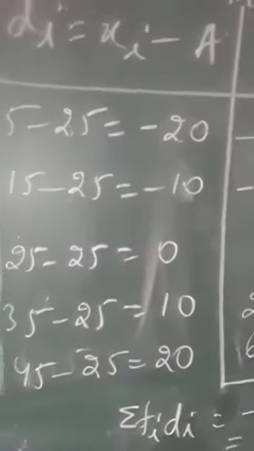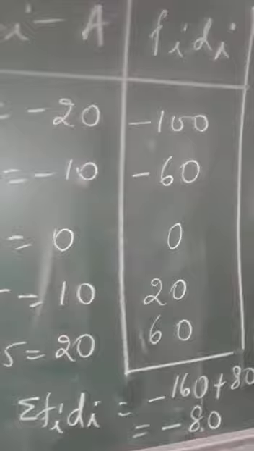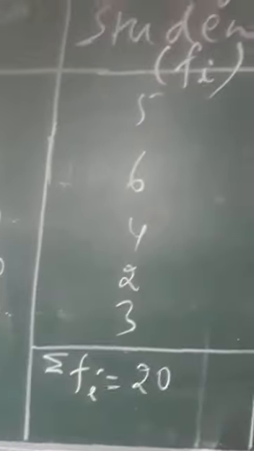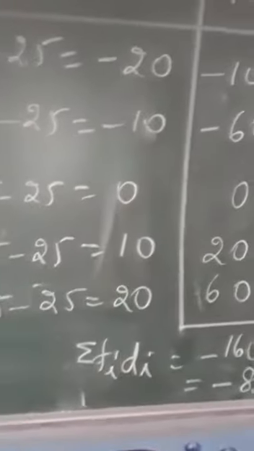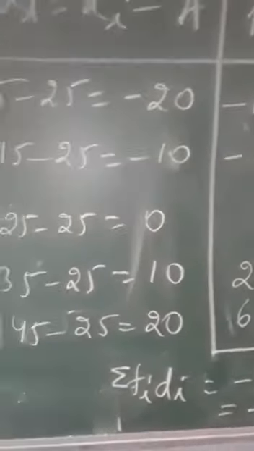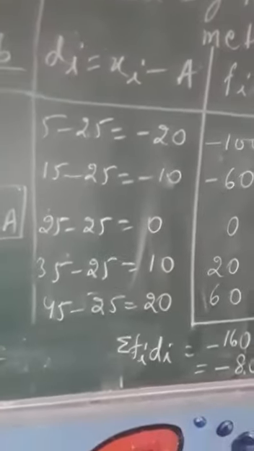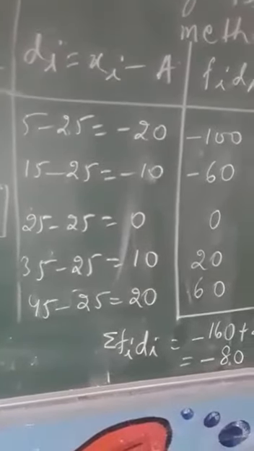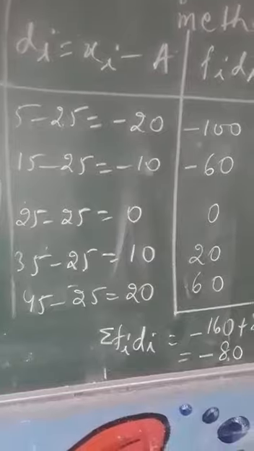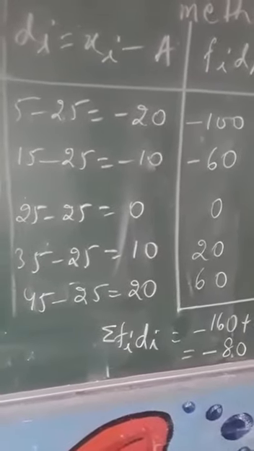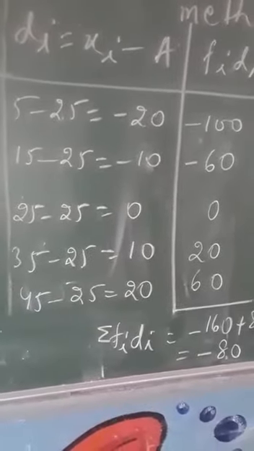So minus 20 and 5 when multiplied, it will give us minus 100. The second term of fi is 6, and the second term of di is minus 10. So the product of minus 10 and 6 is equals to minus 60.